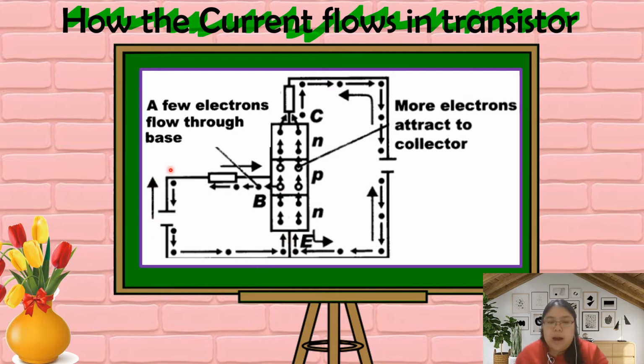The outside arrow stands for current. The inside small arrow stands for how the electrons move. So this part is a forward bias, because the P type joins with the positive terminal and the N type joins with the negative terminal. So this part is no problem. The current can flow because it is forward bias.